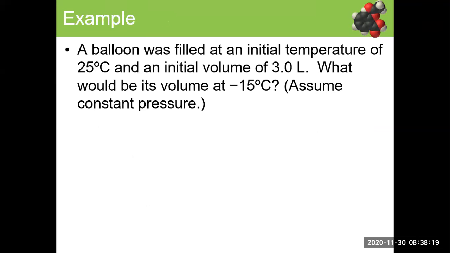An example of this type of problem would be if we had a balloon that was initially at 25 degrees C, and the volume was 3 liters. What would its volume change to if we kept the pressure constant but dropped the temperature down to minus 15 C?